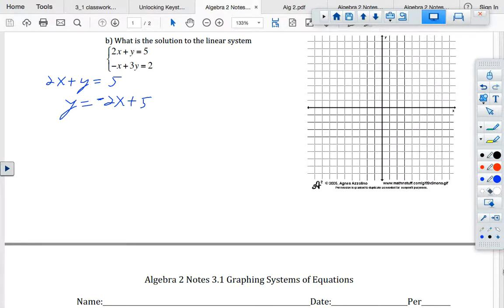You go up 5, 1, 2, 3, 4, 5. And then you go down 2 and over 1 to the right. All right. So this is the first one I'm graphing. I'm going to do a lot of points because I don't know which direction they're going to intersect at yet. And I'm going to draw a line connecting them.